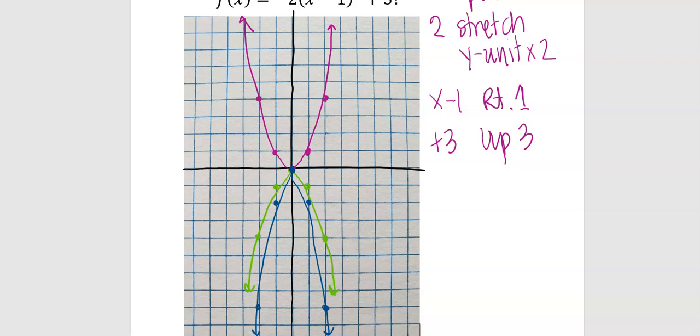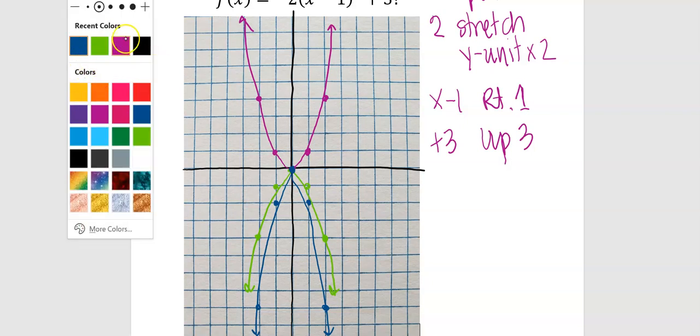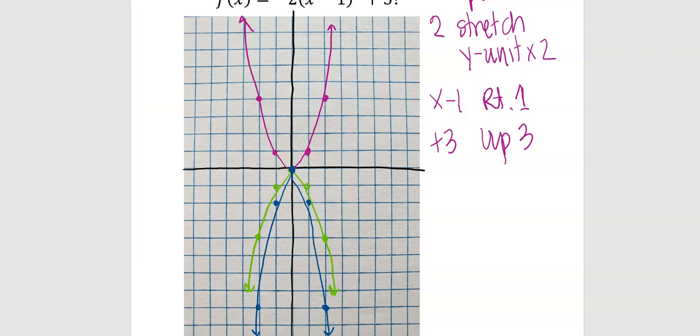Okay, so I'm going to change colors one more time. We'll go with pink. Okay, so the 0, 0 goes, and you can do right 1, up 3, or whichever you want to do first. Right 1, up 3. So I'm going to go to this point, right 1, up 3.